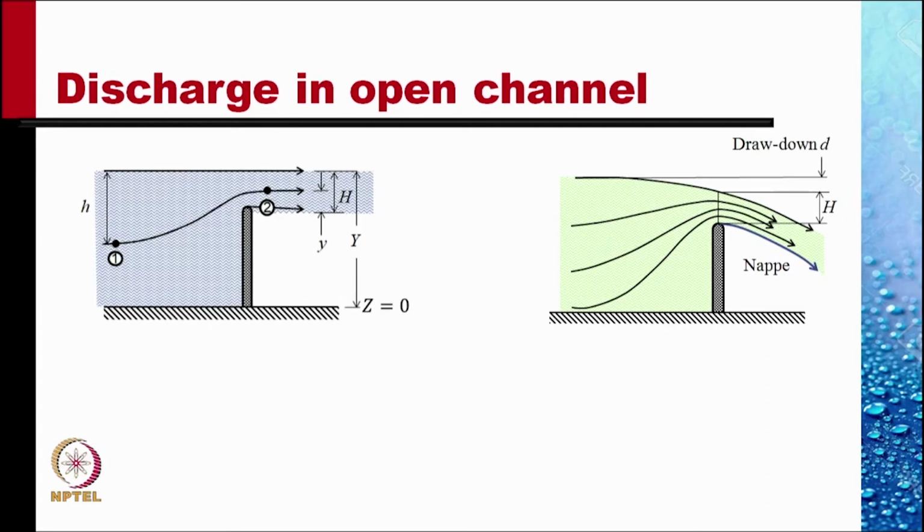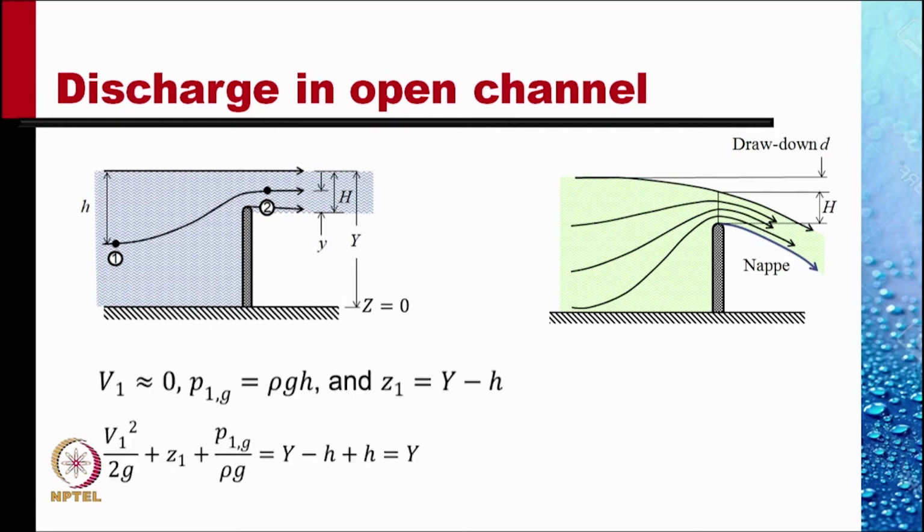So the velocity at point 1 can be considered to be much lower than the velocity at point 2. V1 is approximately 0. The pressure at point 1, if the velocities there are much smaller, then the pressure distribution vertically within the main channel can be considered to be hydrostatic, so that the gauge pressure at point 1 can be written as rho g h.